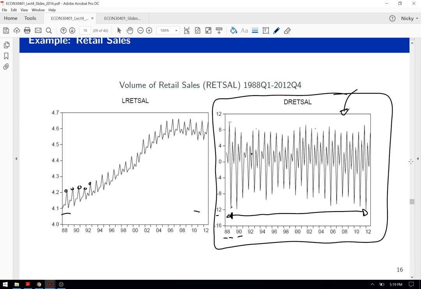So we can see, for example, the correlation between y and y 4 periods back is going to be positive. If there's a big spike in sales, there's a big spike 4 periods ahead and 4 periods ahead and 4 periods ahead. So again, we'd expect to find a strong correlation at lag 4, and so on.